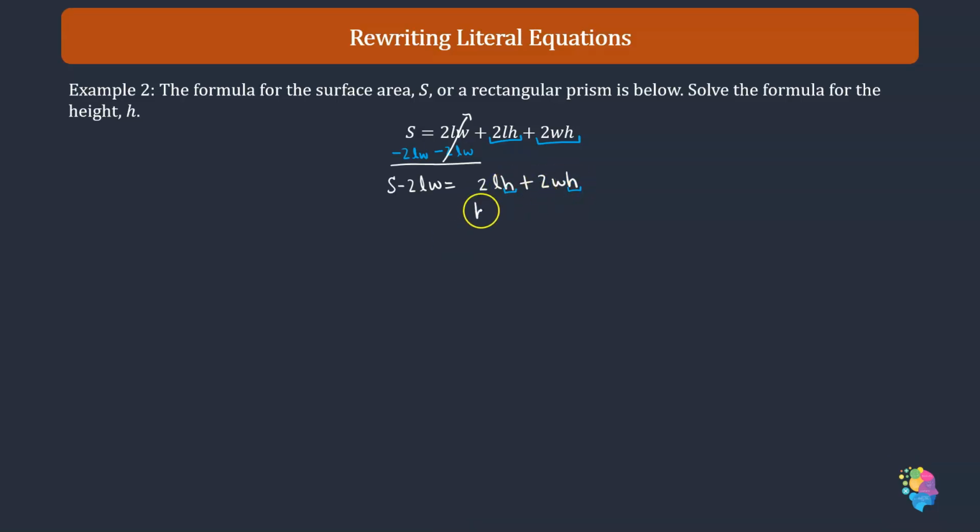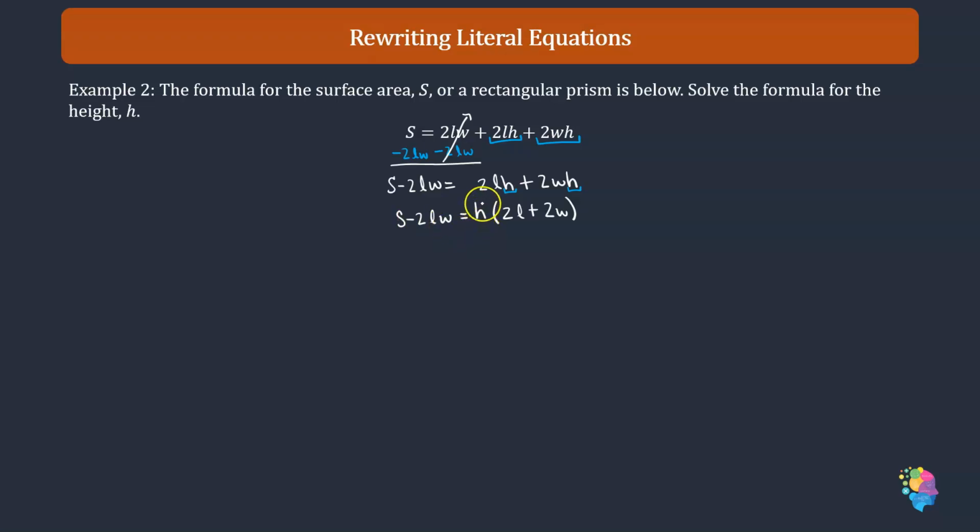So we will take out the h, and in the parentheses we will write what's left over. So I have the 2l plus 2w. And you can check: h times 2l will be 2lh plus h times 2w will be the 2wh. Don't forget about the left side.